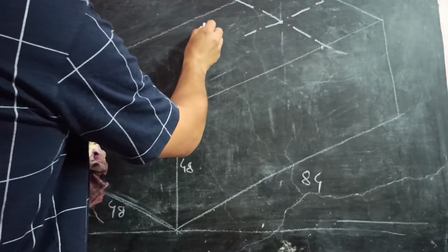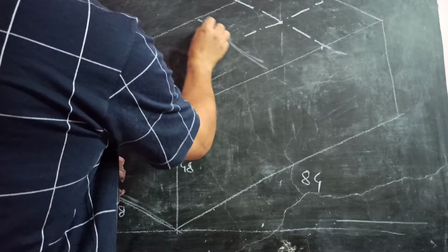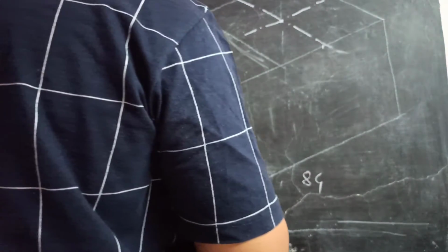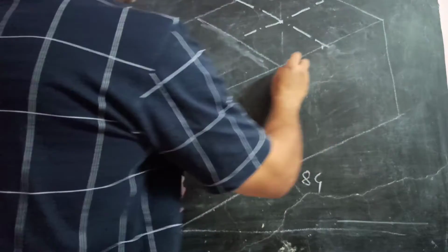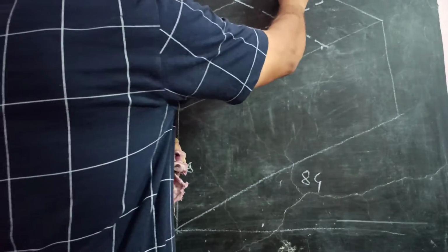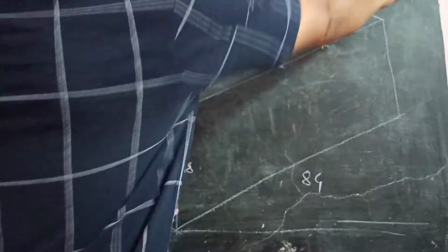Then form a rhombus of 48 by 48. This should be 48. This is the 48 already. So you will get this as the rhombus of 48 by 48. Here you can find out the two centers which are having the 120 degrees.